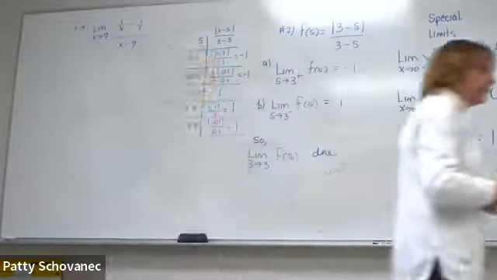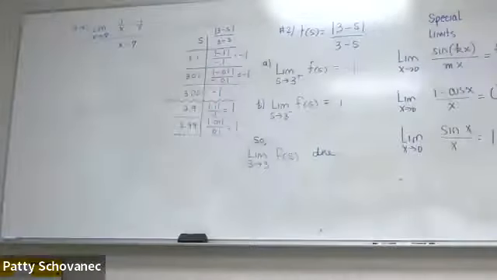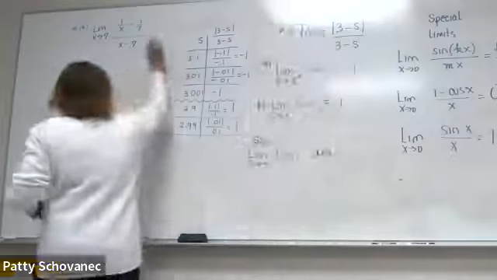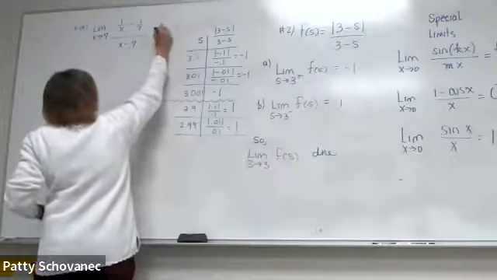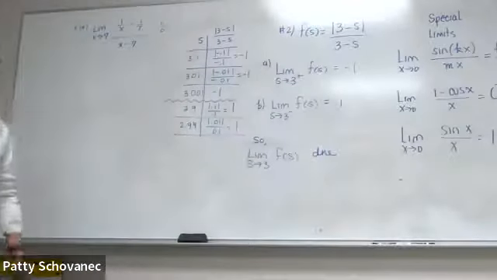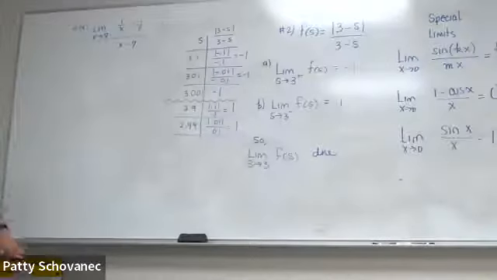So what happens at x equal to 7? Zero over 0, right? Try to plug 7 in. We get 1/7 minus 1/7 over 7 minus 7. So we got to do more. And it's kind of telling us what to do.